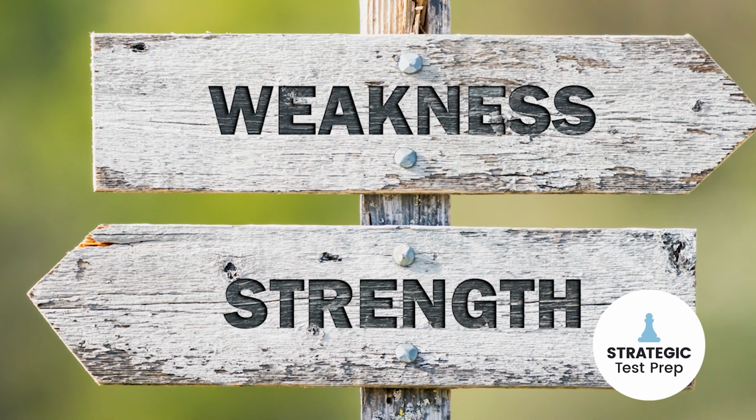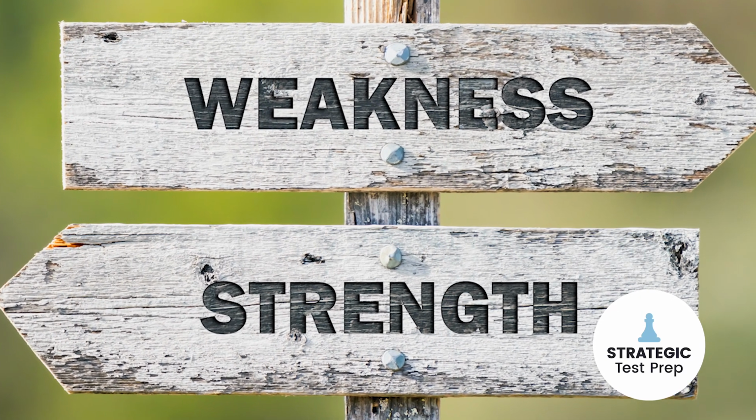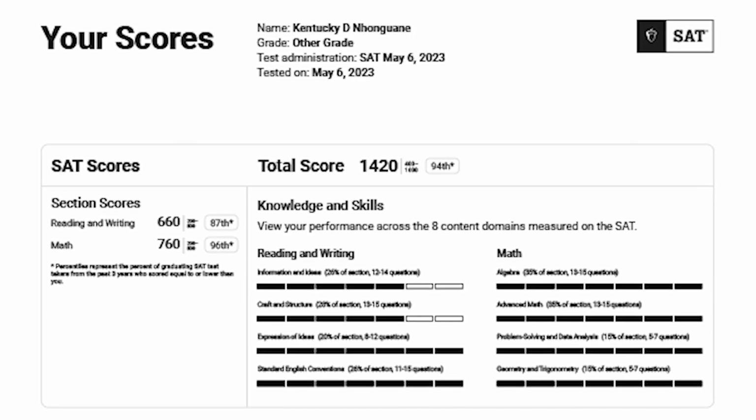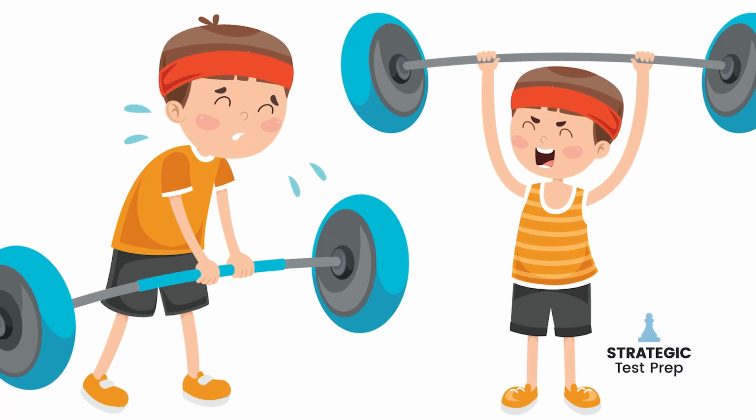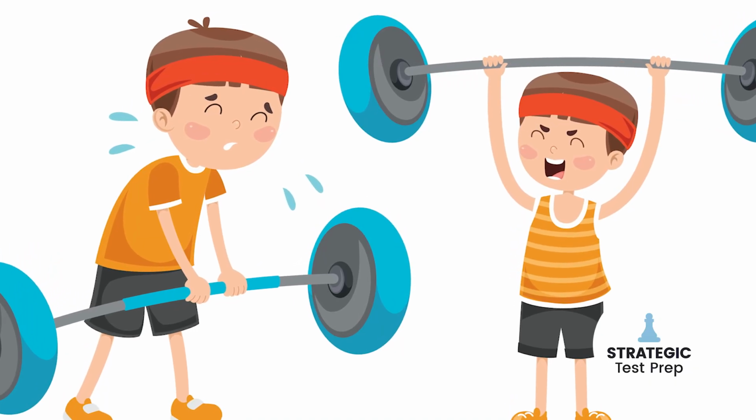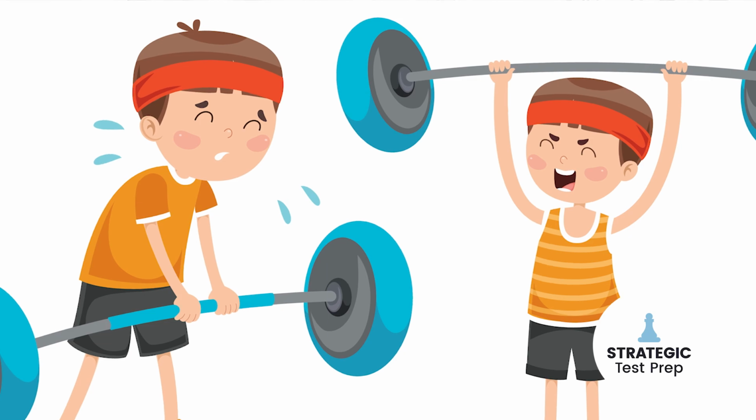So it's really important to understand your strengths and weaknesses. If you already have a digital SAT score report because you've sat for a test, you should really go through and see how many bars are highlighted for each category, because you're gonna wanna know your strengths and weaknesses. If you know your strengths and weaknesses, then you can actually start with your strengths.